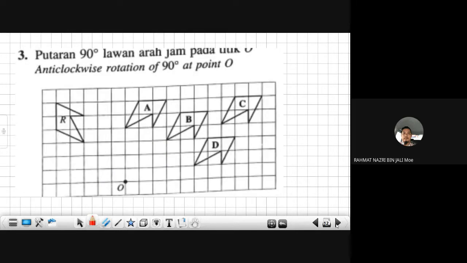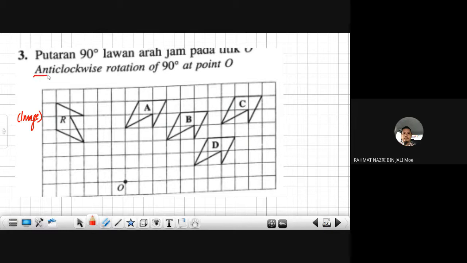Okay, next one, number 3. Anti-clockwise rotation of 90 degree at point O. Okay, remember R is the image. So this is image. Please remember the question mentioned before. So we're gonna find the object around here.